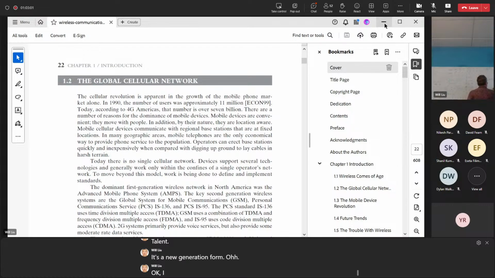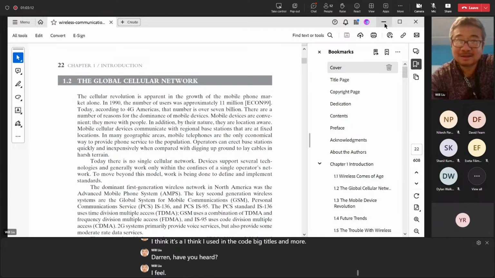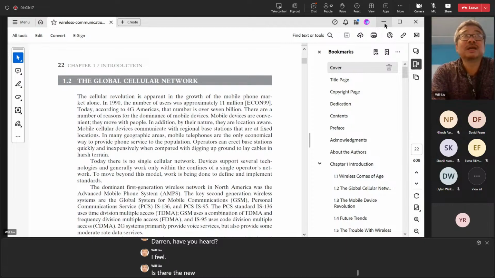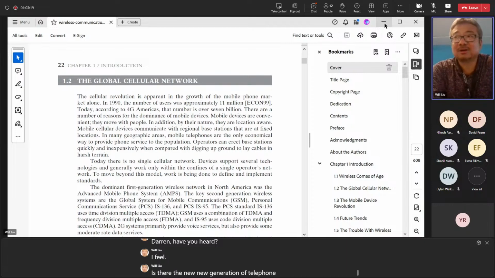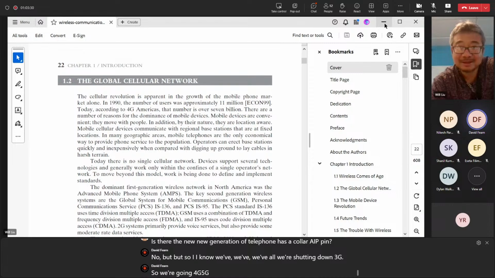AI Pin. David, have you heard of AI Pin? Oh, sorry, what was that? The new generation of telephone, as they call it, AI Pin. No, but I know we're shutting down 3G, so we're going to 4G, 5G. Okay, I'll show you guys.